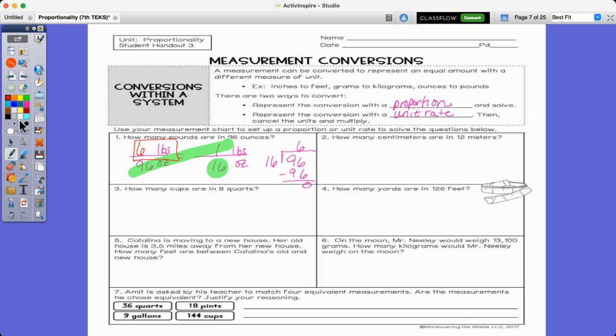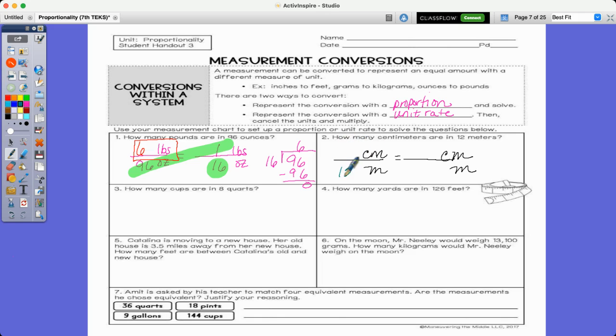We're going to set up our proportion again. This one is centimeters to meters. Remember that you will have your star chart. I don't know how many centimeters are in 12 meters, and I have these memorized, but typically you will have your star chart in front of you and you will be looking them up every time. So that's what we leave blank.